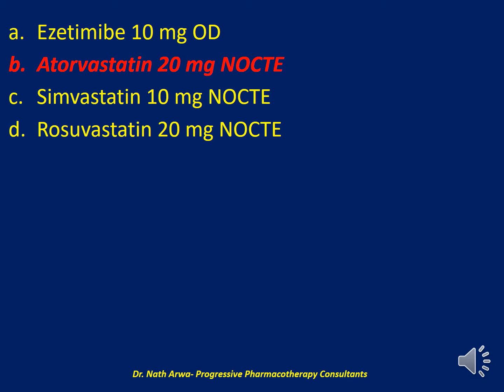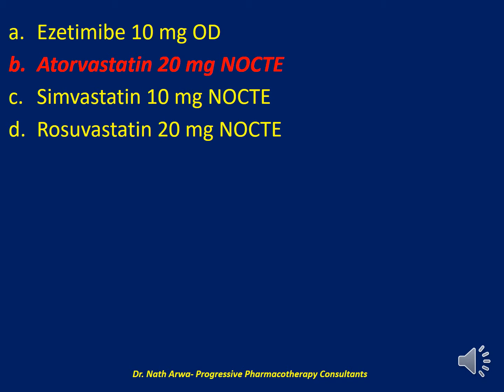Now, according to the ACC/AHA guidelines, patients aged between 40 and 75 years without type 2 diabetes mellitus and a 10-year atherosclerotic cardiovascular risk score of between 5 and 19.9%, what we call the intermediate risk category, should have moderate intensity statins initiated for their therapy. That is, if risk enhancing factors are present.